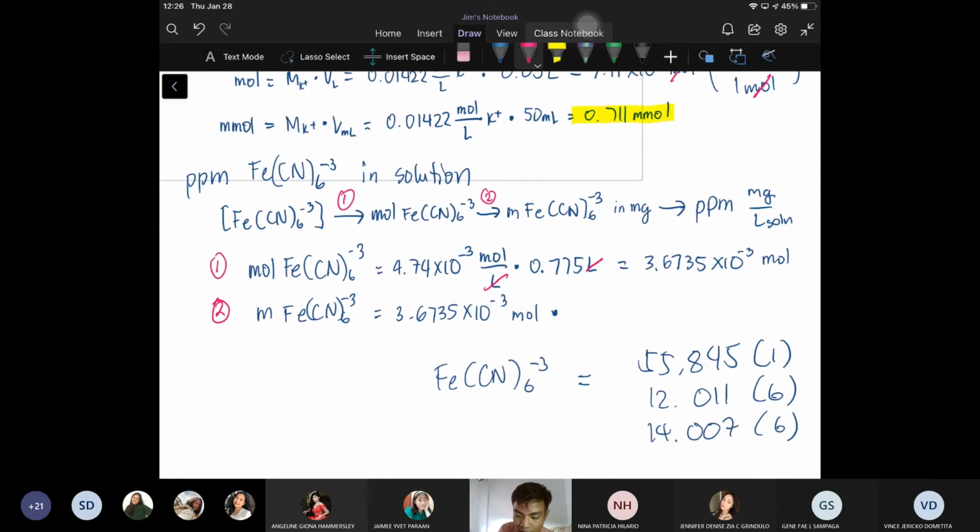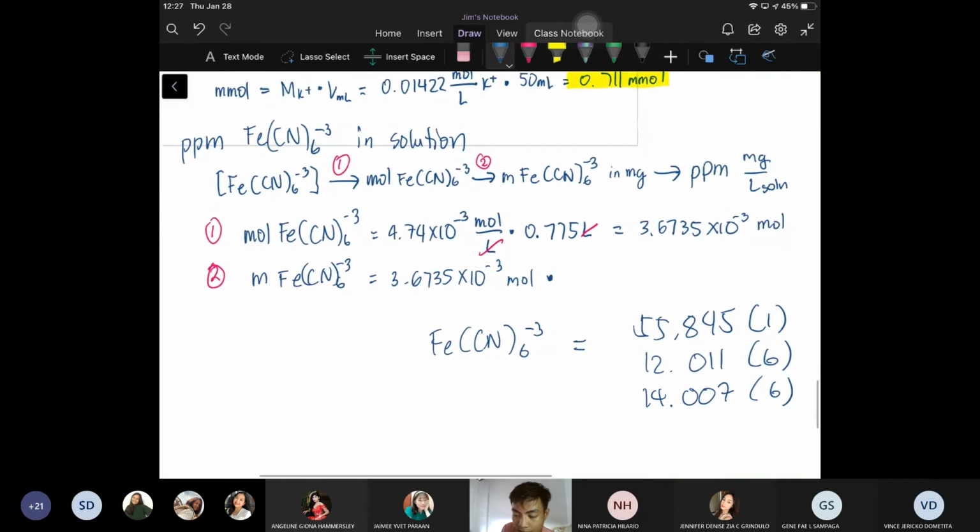So, again, last sem to, i-distribute mo yung subscript kapag magkukuha ka ng molar mass, di ba? So, kunin natin yung sum niyan. 55.845 plus 12.011 times 6 plus 14.007 times 6. So, the molar mass of this ion is 211.953 grams per mole.